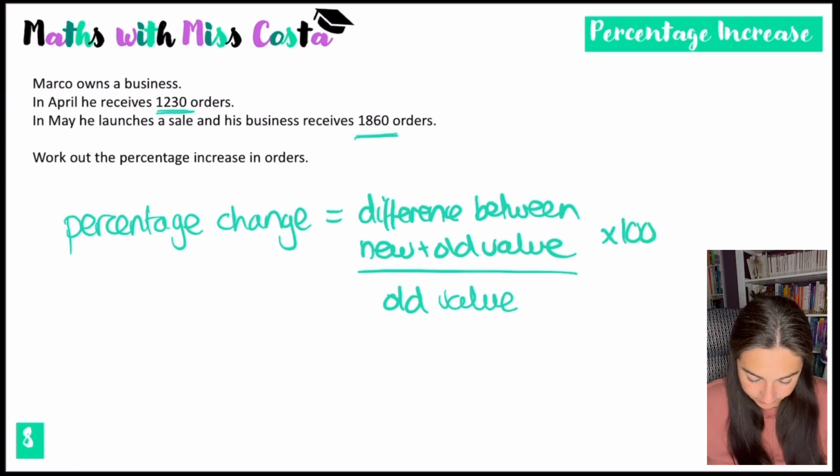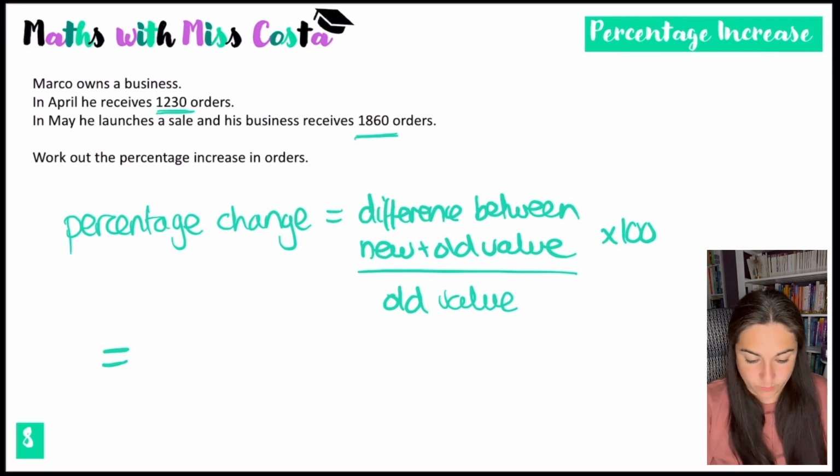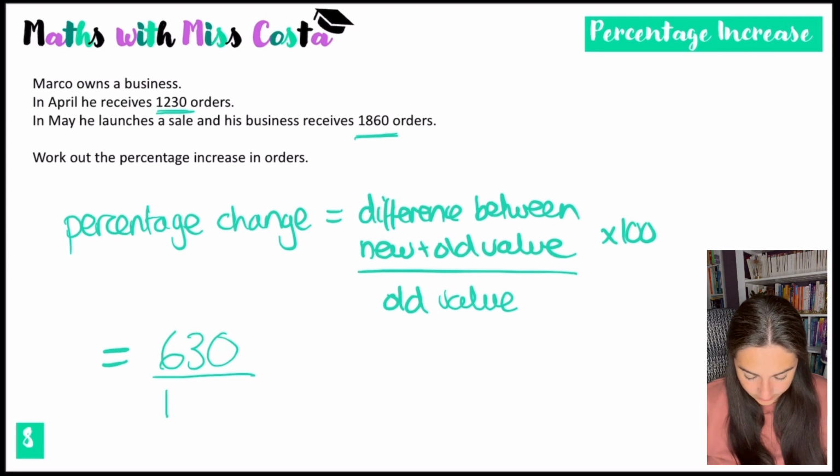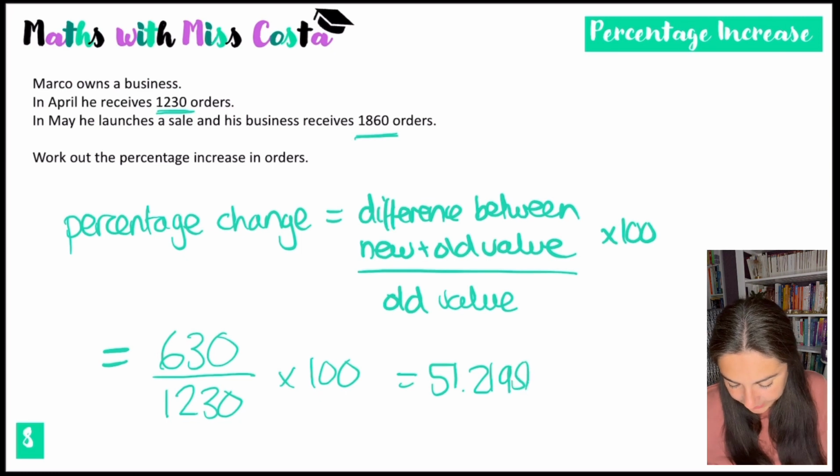So in this case, we've got, what's the difference between 1,860 and 1,260? 1,860 take 1,230 is 630 over, what's his original? 1,230, and times it by 100. So 630 divided by 1,230 times by 100 is 51.21951.